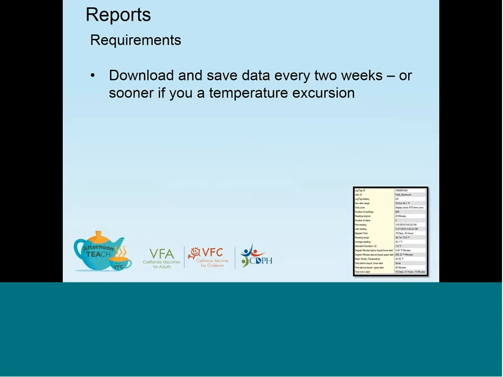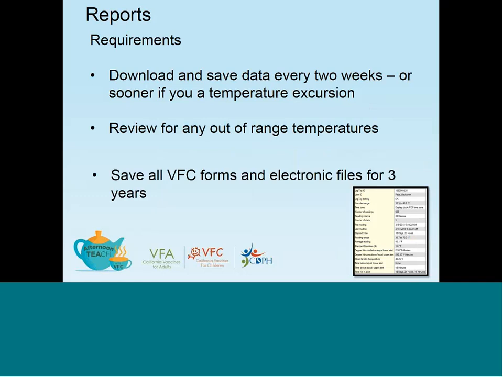So let's get back to this requirement with the reports. We just explained the importance of making sure you download and save the data every 2 weeks or sooner if you have a temperature excursion. You want to make sure you review for any out-of-range temperatures. And you want to save all VFC forms and electronic files for 3 years.